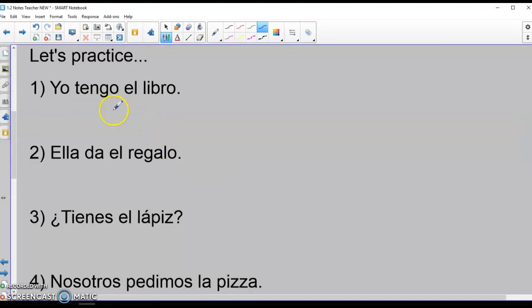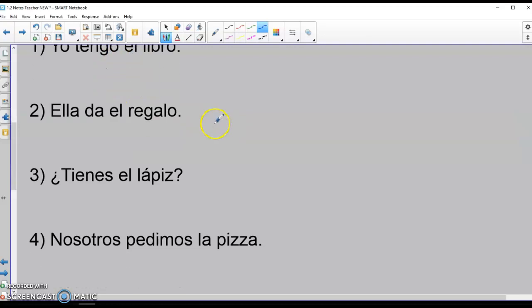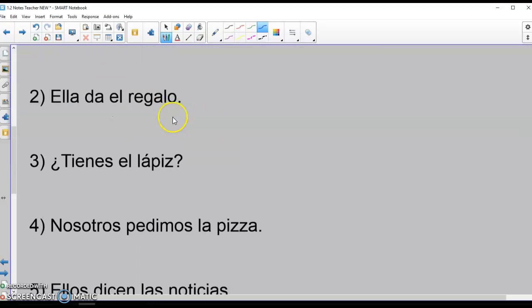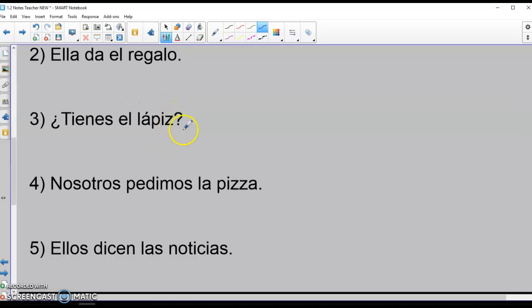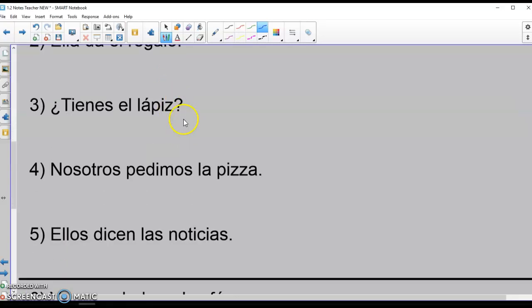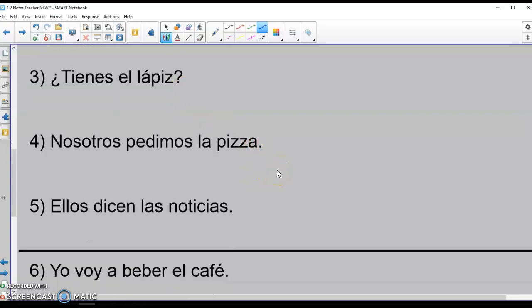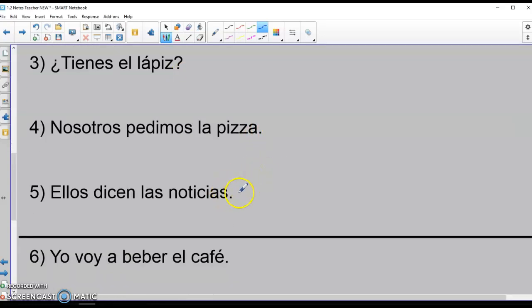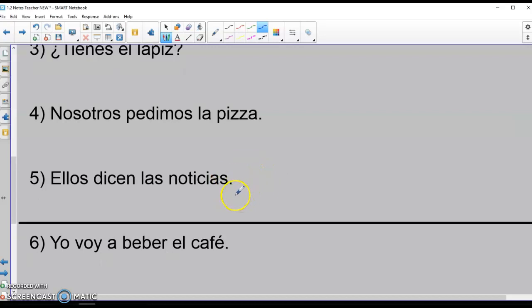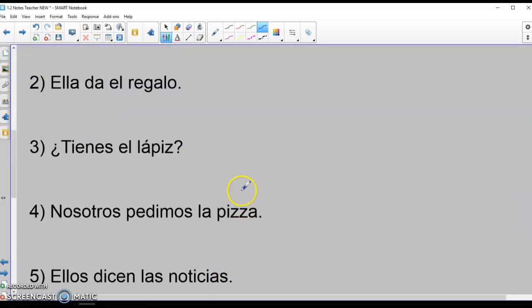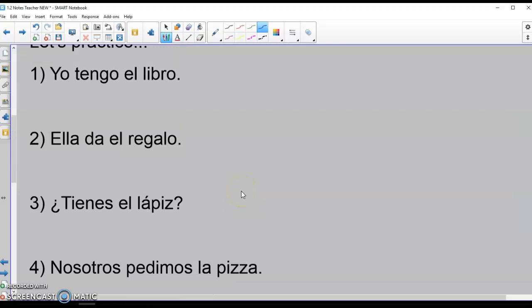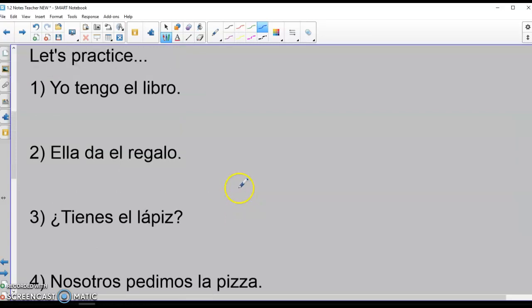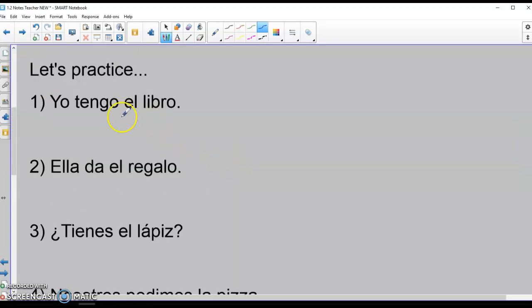So if I have yo tengo el libro, ella da el regalo, tienes el lápiz, nosotros pedimos la pizza, and ellos dicen las noticias. Okay, so I want to rewrite these 5 sentences with direct object pronouns instead of using the direct objects.